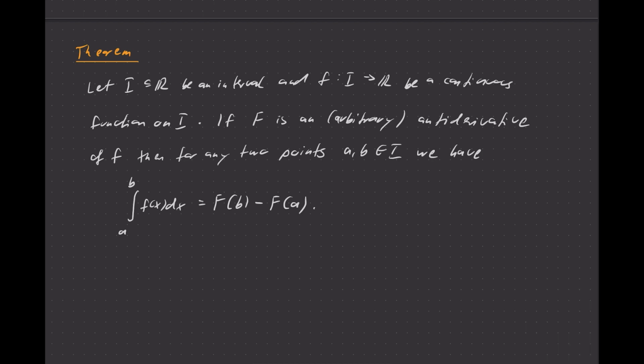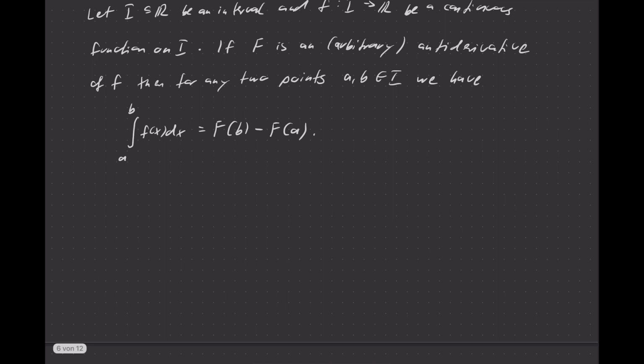Let's also prove that. That's another nice and easy proof. Again, that of course all depends on the tools that we have developed so far. So let's define a function capital G of x as the integral from a to x of f of t dt.